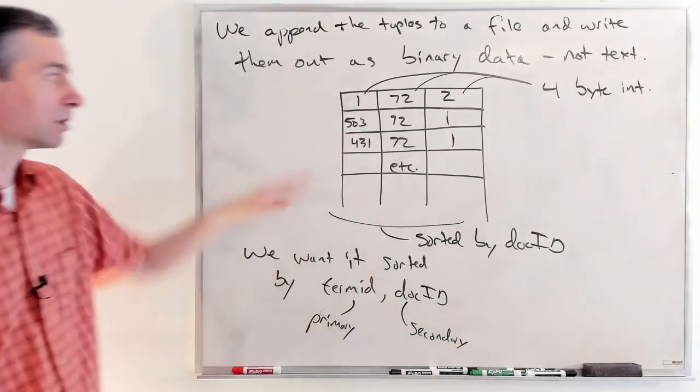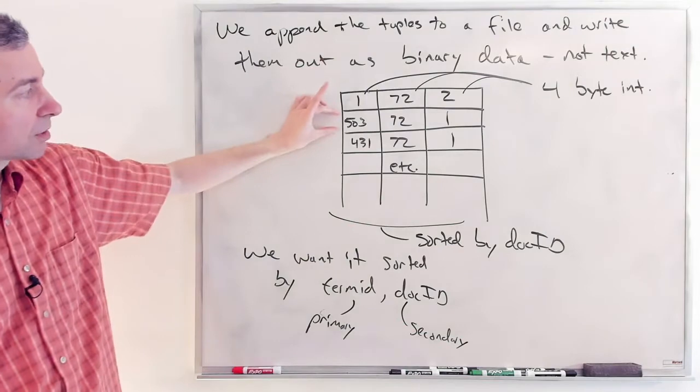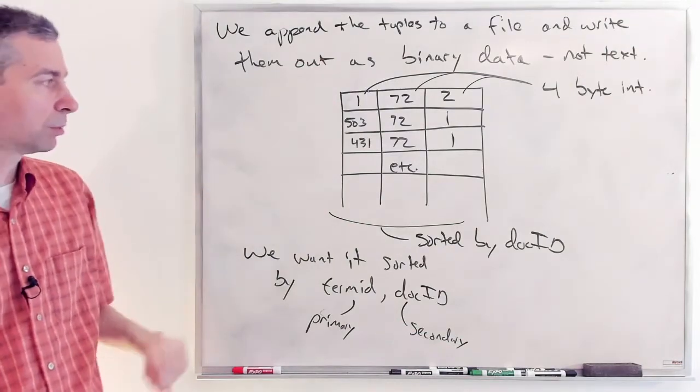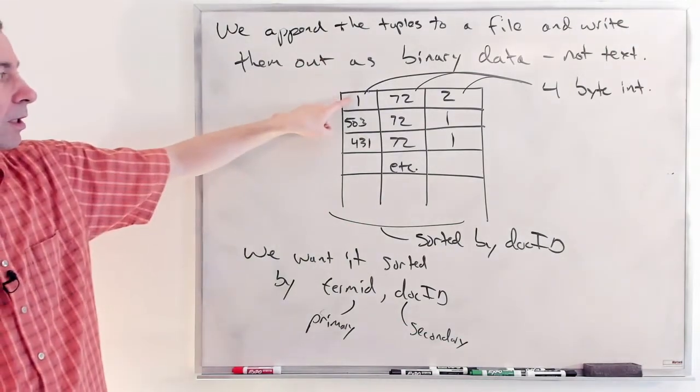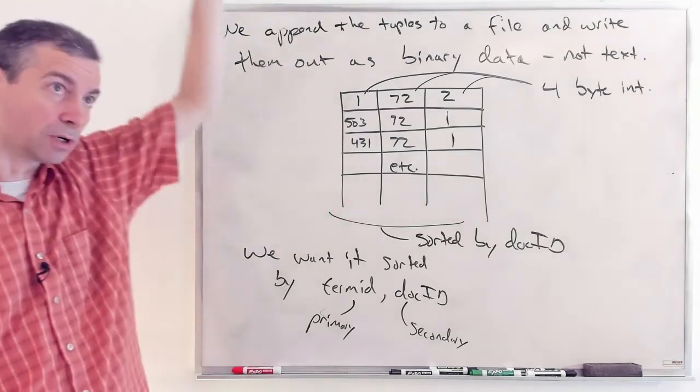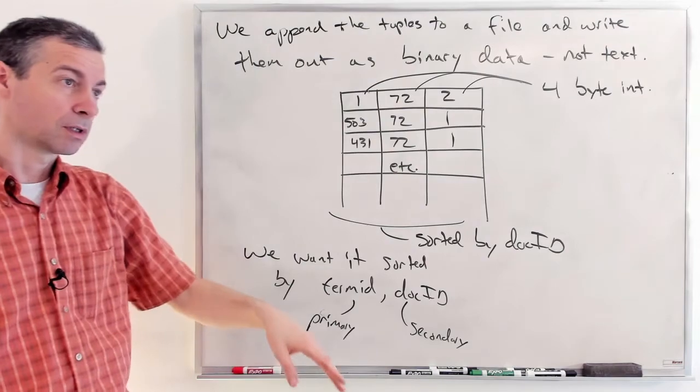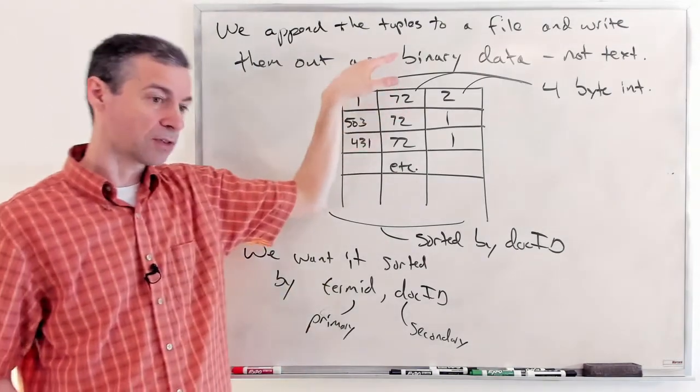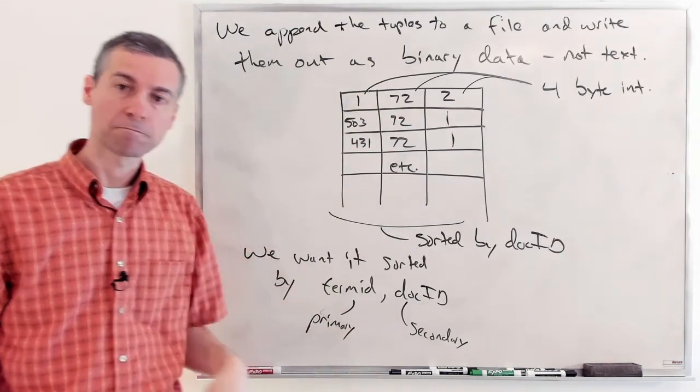And so our goal is to sort these rows of the file, these tuples, such that the term ID becomes the primary key. And so we end up with all the term ones. And then for all those term ones, things are ordered by doc ID.